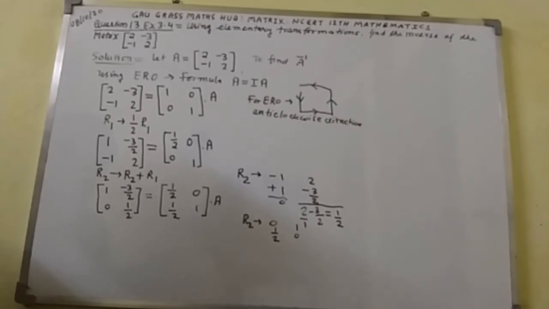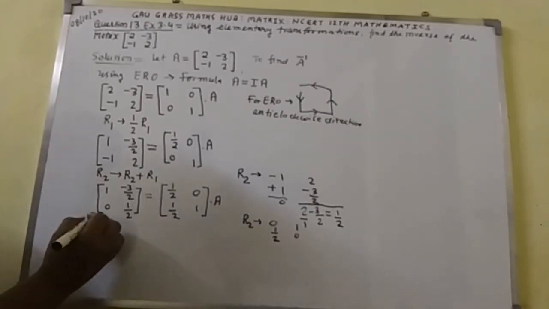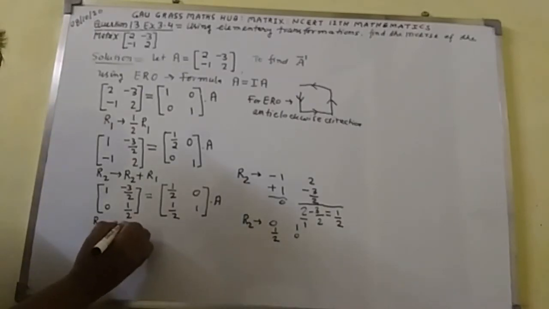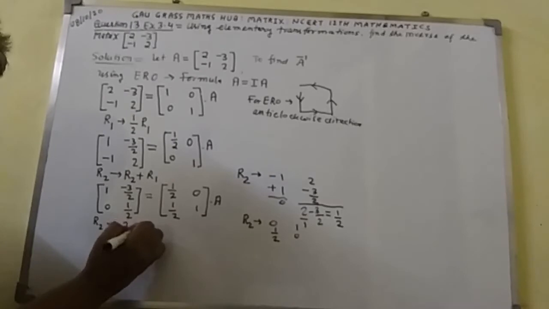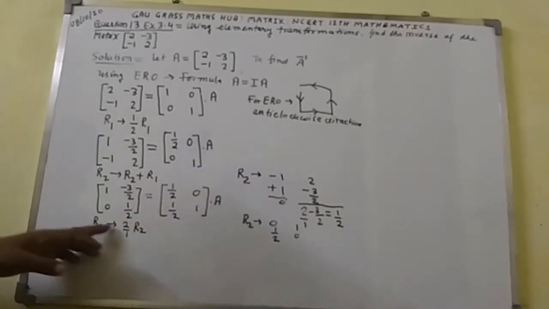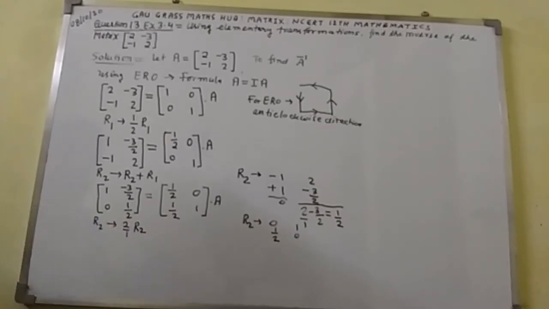Here I shall apply the property R2 goes to 2 over 1 dot R2.